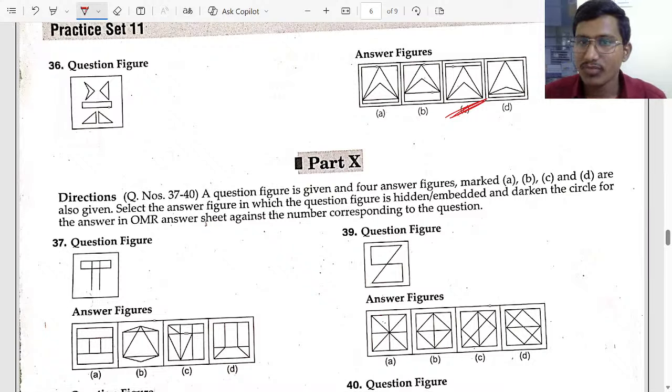Okay, it can be both, actually. It can be both. Okay, so it can be both answer, that is A or C.